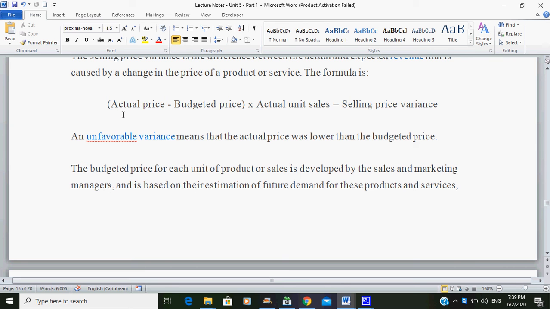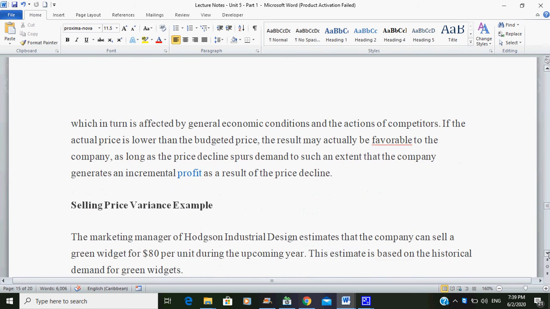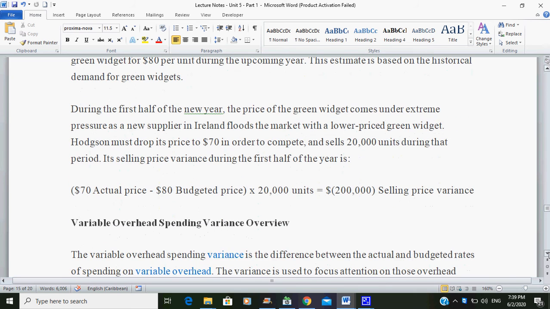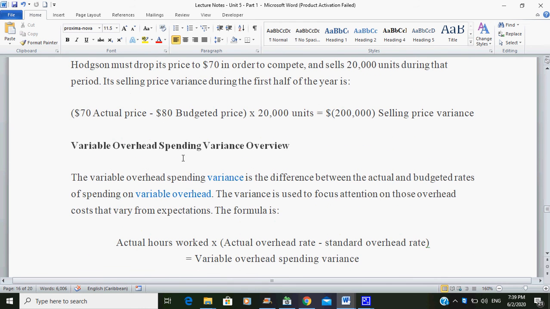The formula is actual hours worked times actual overhead rate minus standard overhead rate equals variable overhead spending variance. Alright? Please write the formula down and know them, alright?